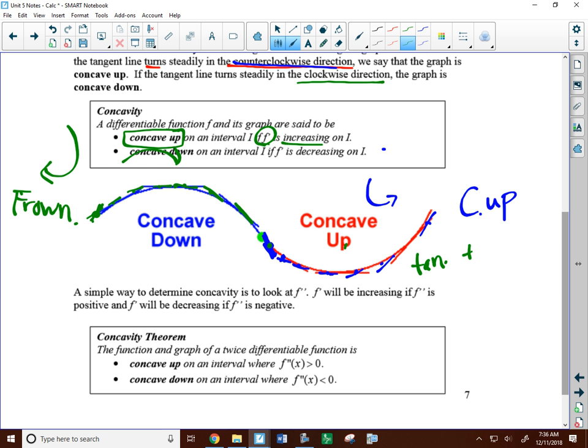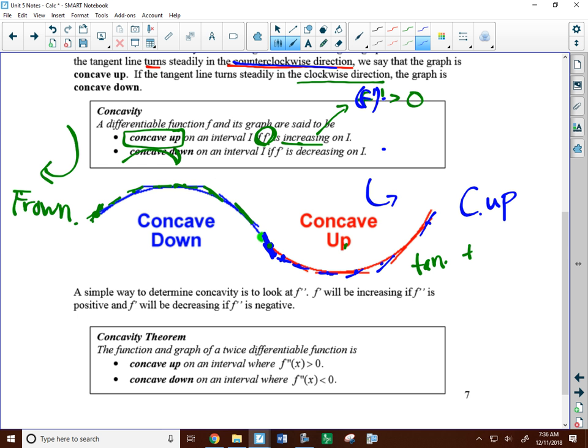Now yesterday, if you remember, for increasing, the definition was when the function f, its derivative is greater than 0. Well, for concave up, we're dealing with the function f prime. So I have to change this to f prime, its derivative is greater than 0.